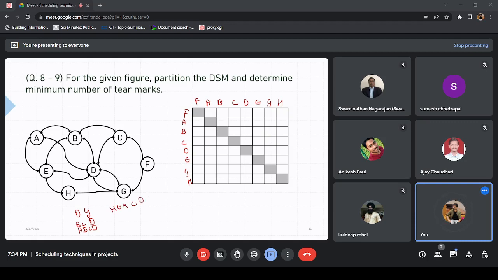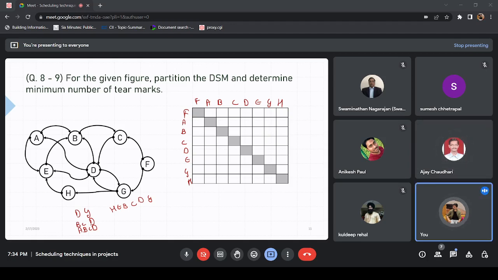HEBC, DG, and one more. What was that relationship? A, B, C, F, G, D, and A. Okay, F, G, D, D and A.